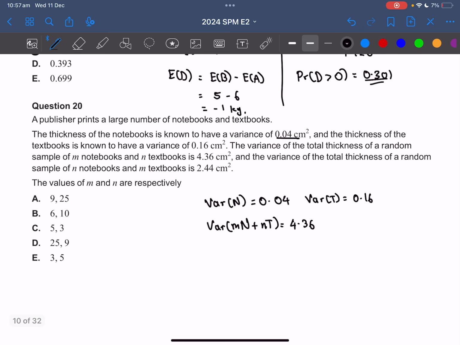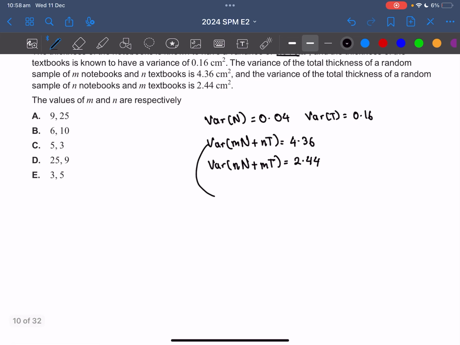And the variance of the total thickness of a random sample of N notebooks and M textbooks is equal to 2.44. Find the values of M and N. Okay, well, this can be written as M squared variance of N plus N squared variance of T, right?